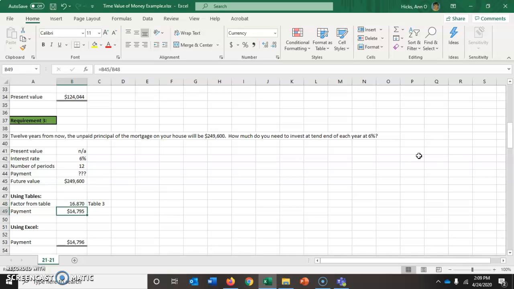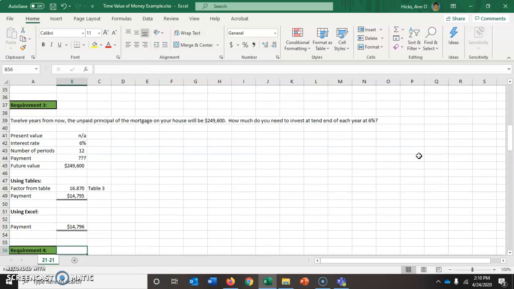Now, we're solving for a payment that will arrive at $249,600. So we're going to take that future value of $249,600 and divide it by the factor. That tells us we need to make a payment each year for 12 years of $14,795.